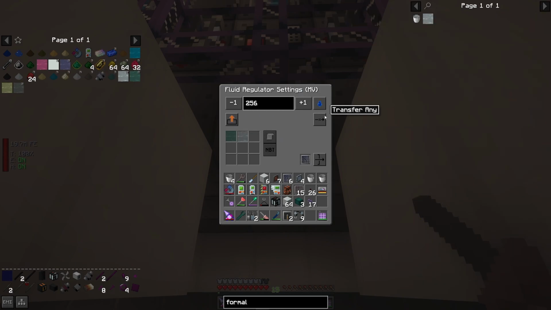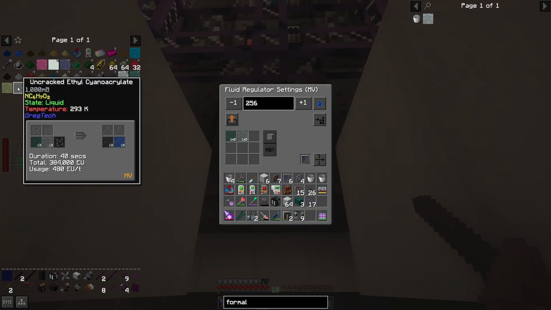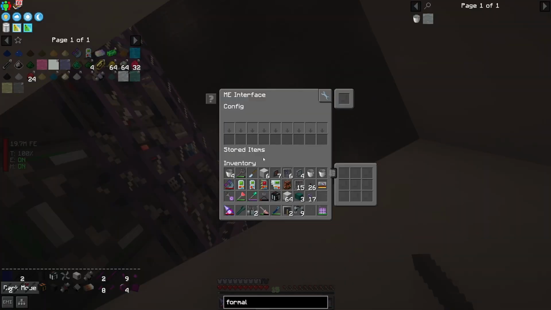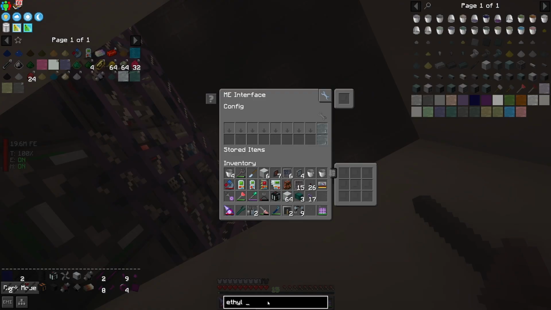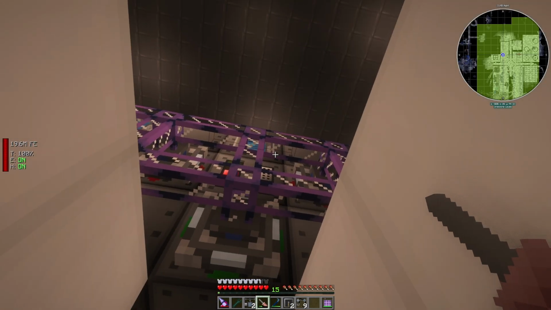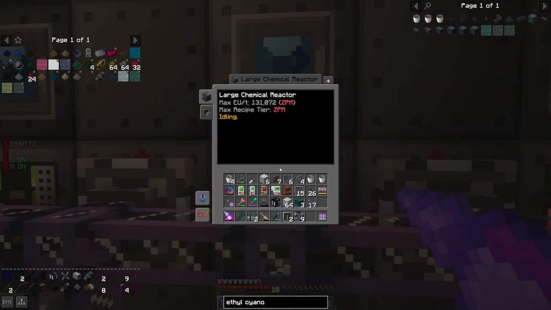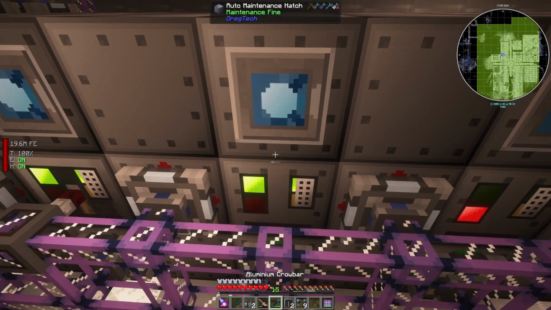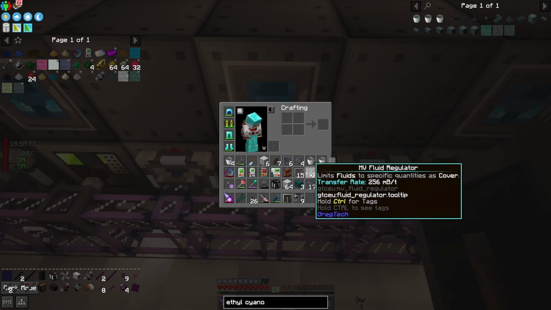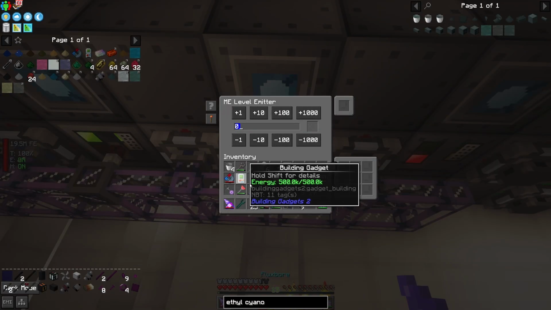There we go. Keep exact, and looks like a 1 to 1 ratio. Cool. Import. Formaldehyde and ethyl cyanoacetate. Okay, you're happy. And we're going to turn you off.